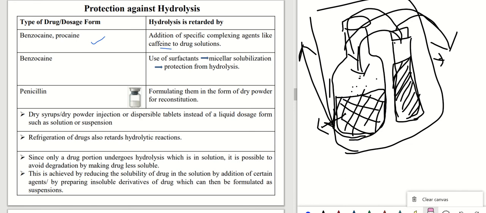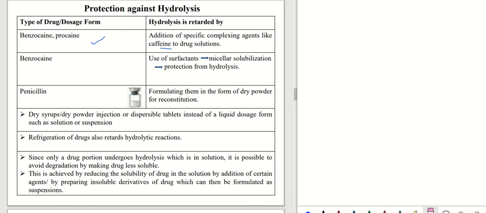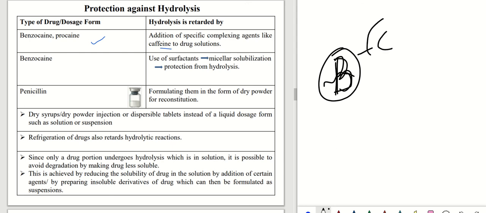Let me explain like this. Suppose this is a benzocaine molecule. When it is given as such, it undergoes hydrolytic degradation. But when this is complexed with caffeine or any other suitable complexing agent, it forms a complex, right?